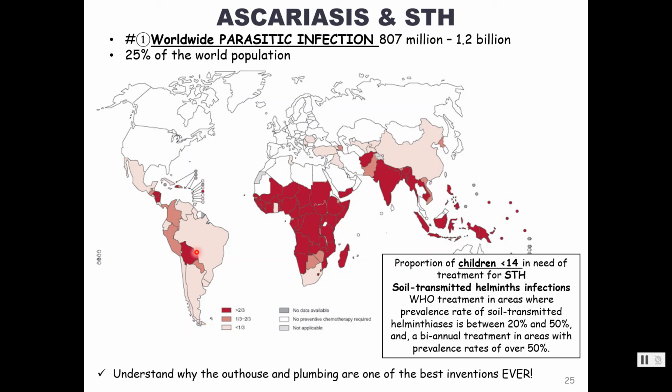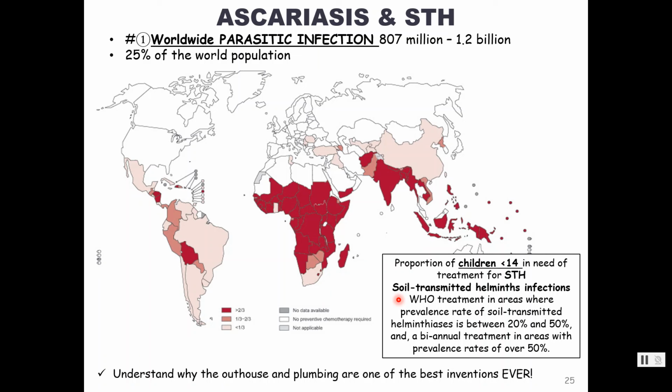And so this is a map. Once again, for helminth parasitic infections, Africa is always the hardest hit. Then also high parasitic infections in South America and in Asia. Ascariasis is so high that this is one that is actively treated by the World Health Organization. They really just look for the proportion of children that have it.